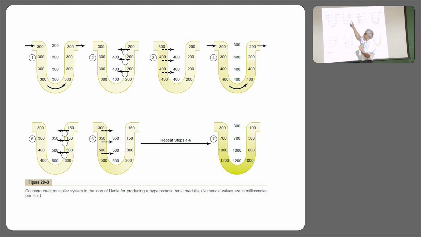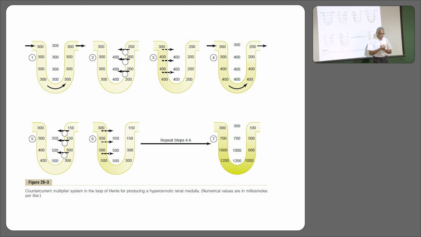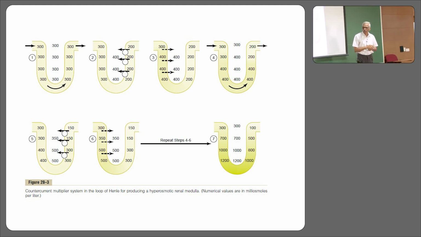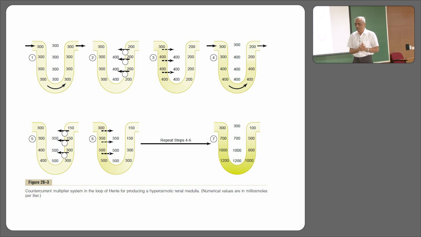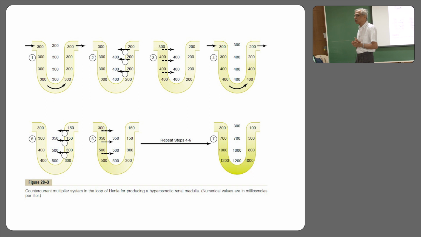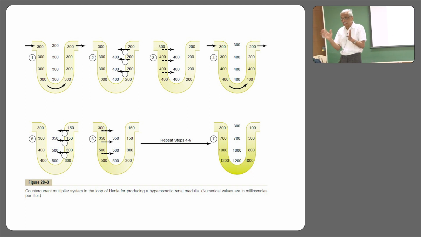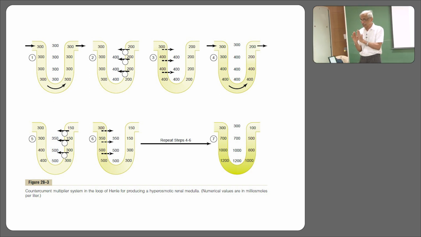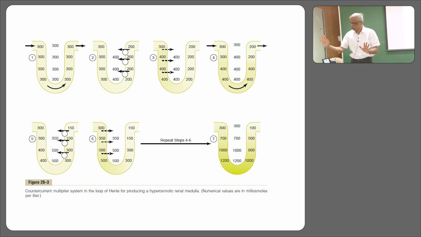As a result of that, you will have 200 here, 400 here. Are you okay so far? And the pumps are so strong that they are competent enough to generate an osmotic difference of about 200 milliosmoles. It was 300. Now, because of the pump, outside has become 400 and inside has become how much? 200. We are okay so far?